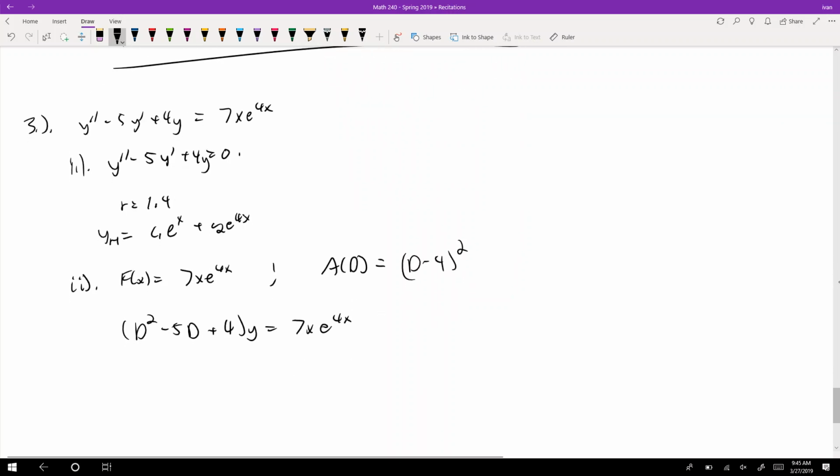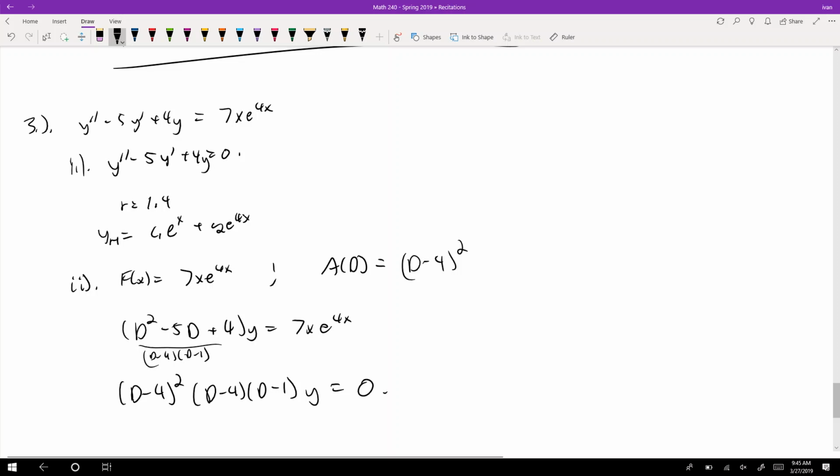Applying the annihilator, this is d minus 4 squared applied to, and if you factor this, it was d minus 4, d minus 1, y, and you'll get 0. So this is d minus 4, d minus 1.